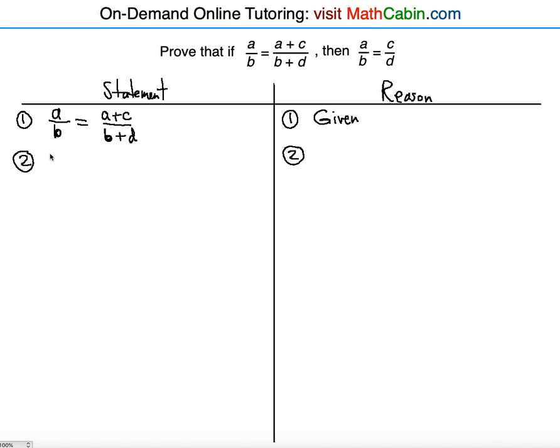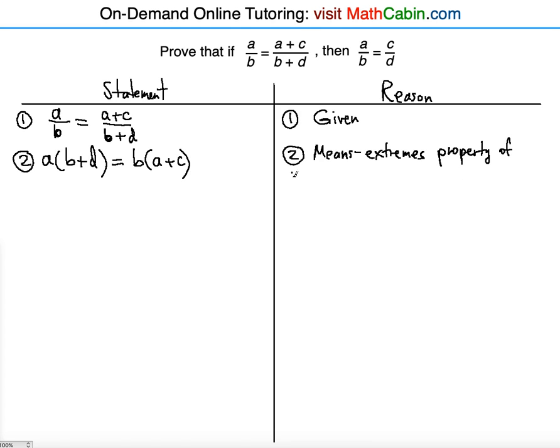Okay, so you're going to cross multiply: the product of the means is equal to the product of the extremes. So this is obviously the means, and these are the extremes. Property of proportions.